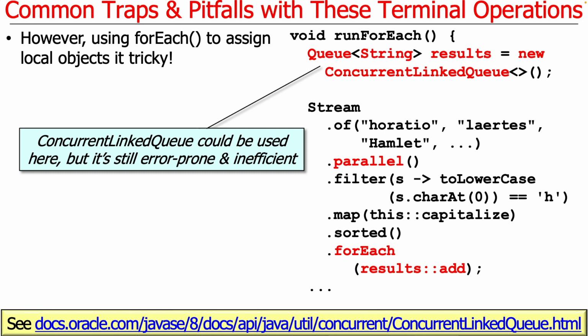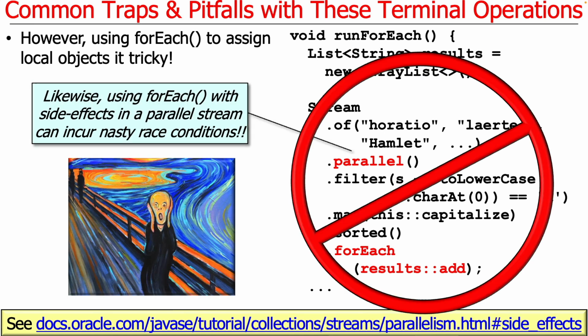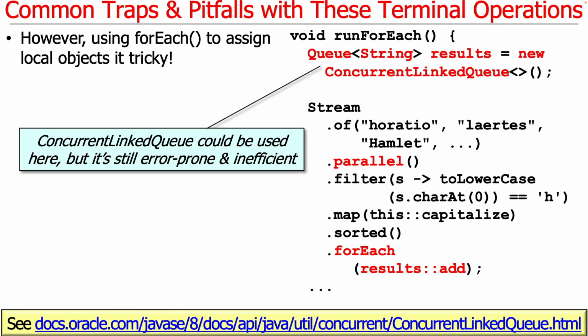Now, there are several ways to solve this. One workaround, which we would call a kludge or a hack, would be to replace the use of a list of strings with a ConcurrentLinkedQueue of strings. That's because ConcurrentLinkedQueue is a thread-safe data structure.